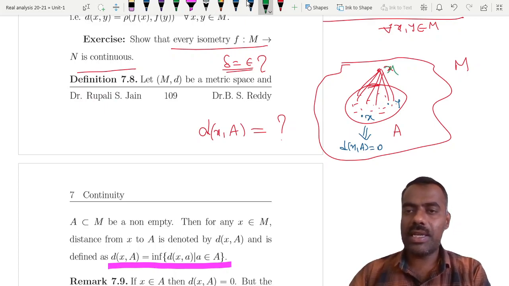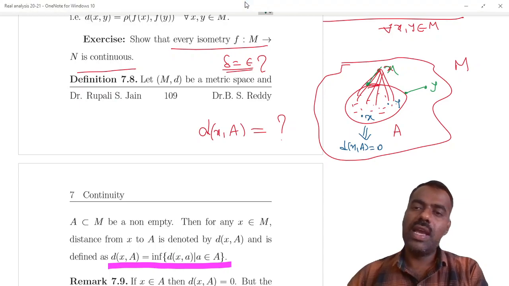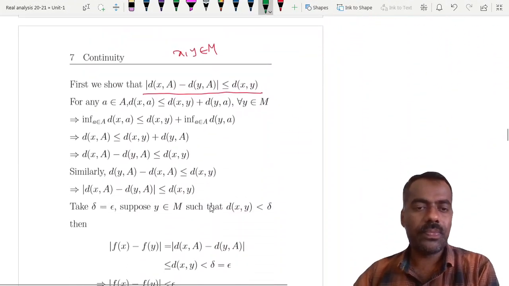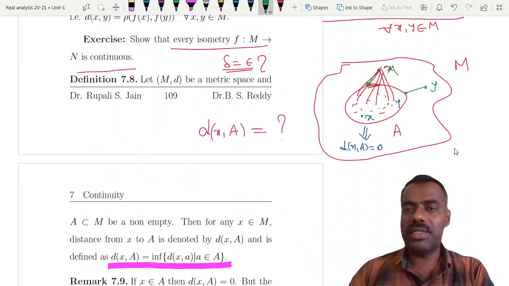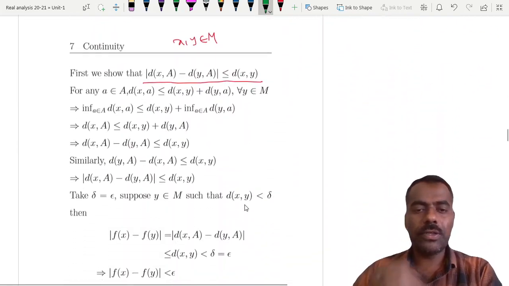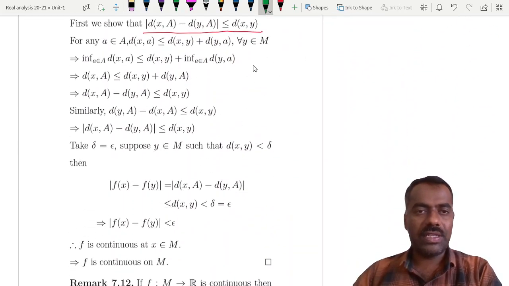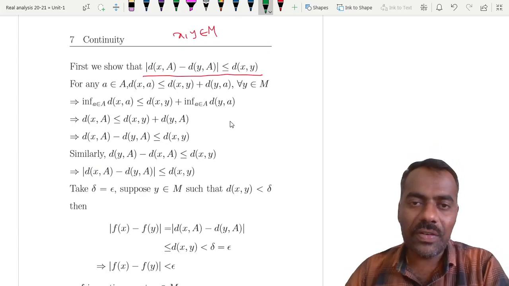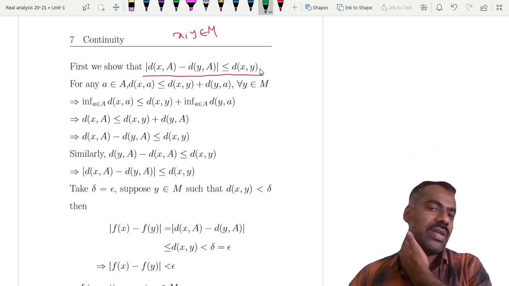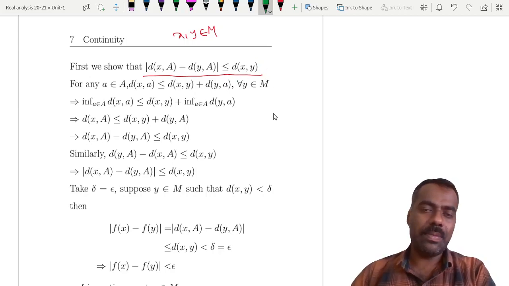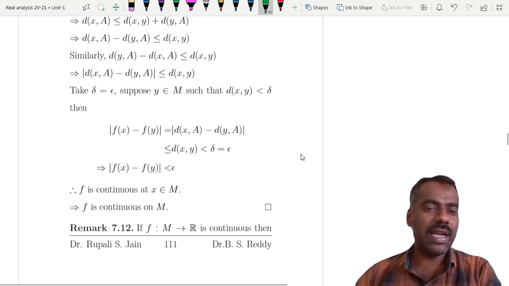Take some x here and another point y here, find the distance from x to A and from y to A, and take their difference. We can easily show it with simple calculations using the triangle inequality. Once it is there, whatever epsilon you take, the same epsilon will be your delta.